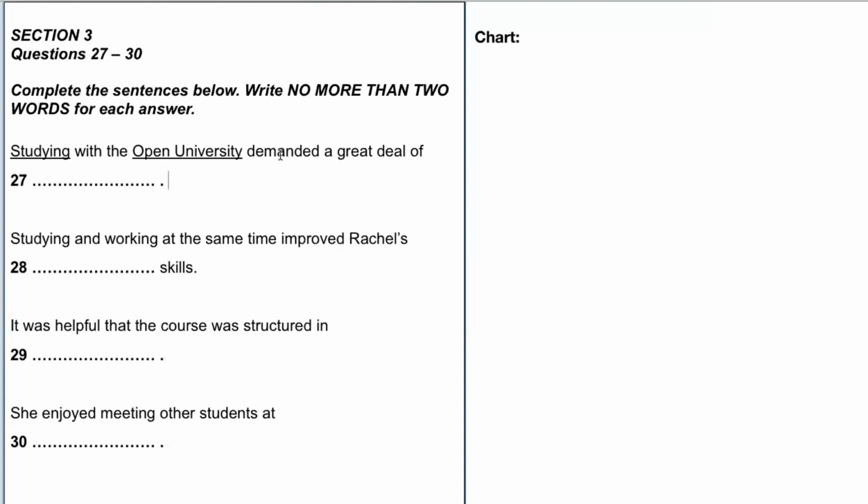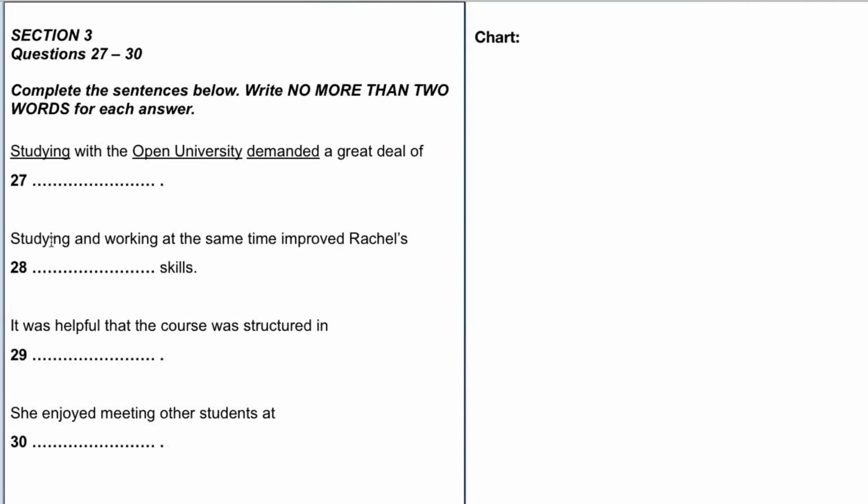And then the last word I would underline is demanded because the Open University demanded something, and we're going to have to listen for that word. I wouldn't necessarily underline a great deal of, just because I think the listening prompt will make it clear with the word demand or perhaps even a synonym. So I'm just going to underline as little as possible.